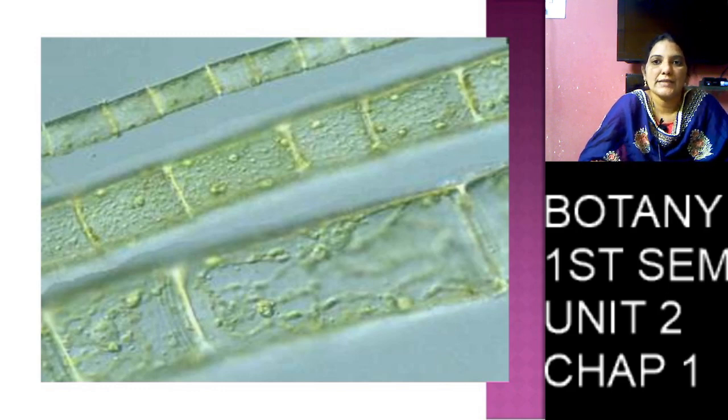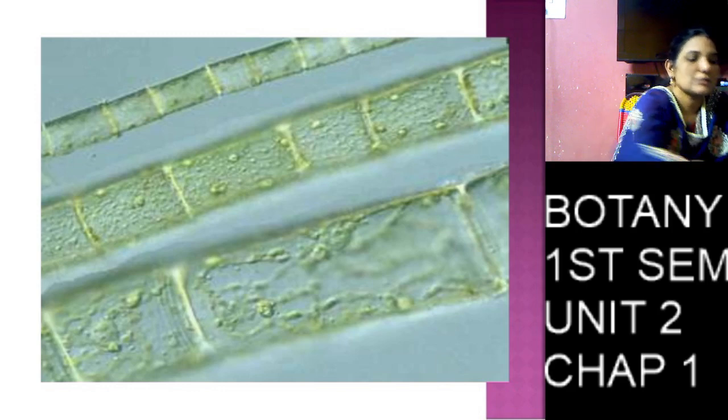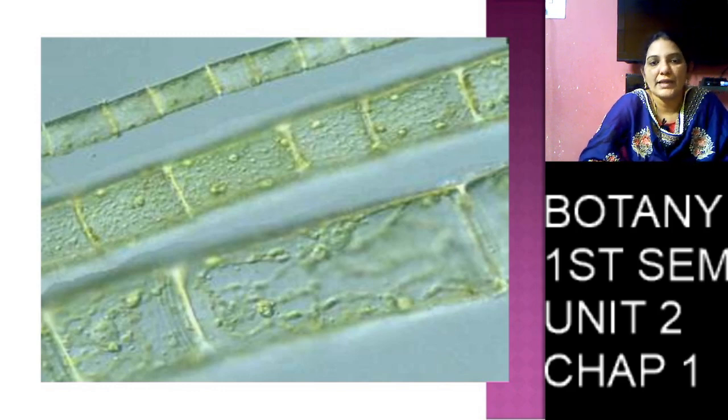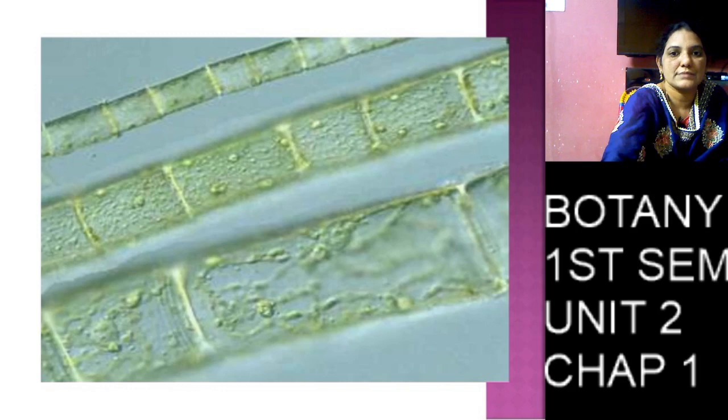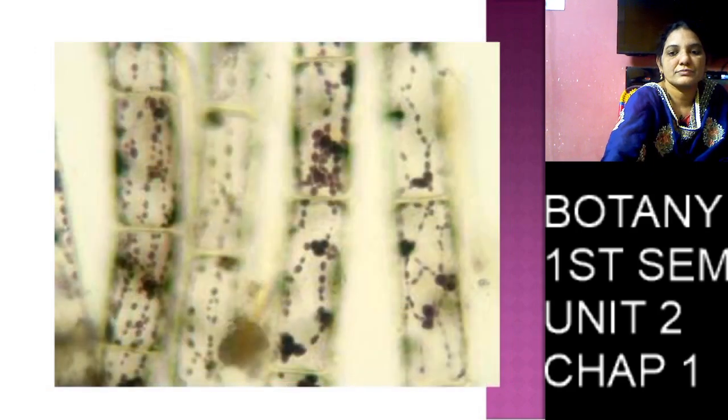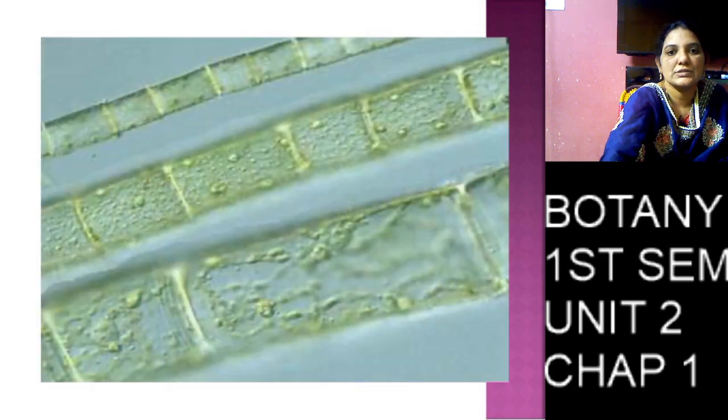So many pyrenoids are present in the reticulate chloroplast. The middle part is the cytoplasm, with one nucleus, and the reticulate chloroplast with many pyrenoids. This is also the cell structure.